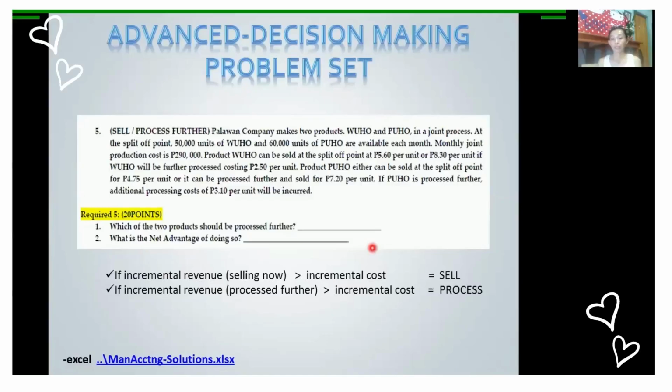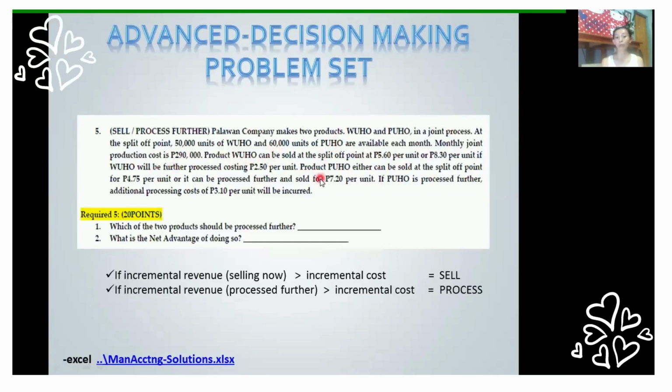So for this item, we have the case of Palawan Company, which makes two products, Huhu and Puhu, in a joint process. At the split-off point, 50,000 units of Huhu and 60,000 units of Puhu are available each month. Monthly joint production cost is 200,000 pesos.